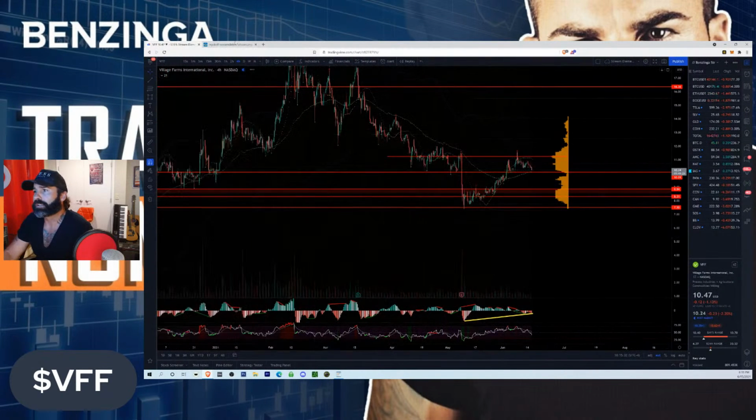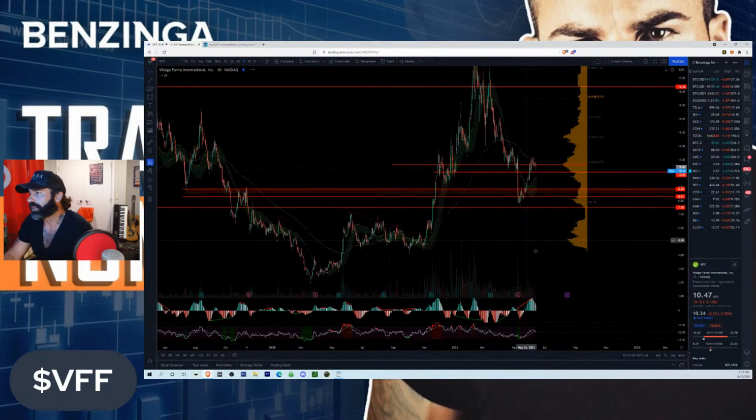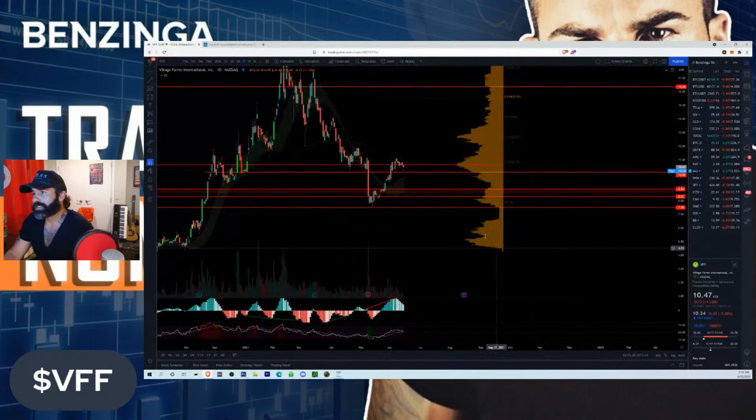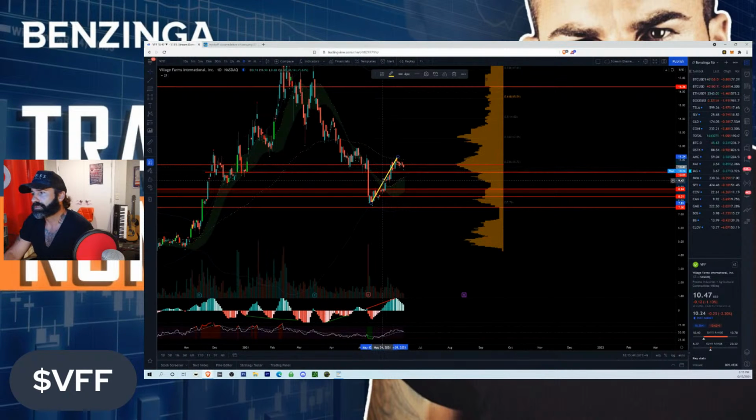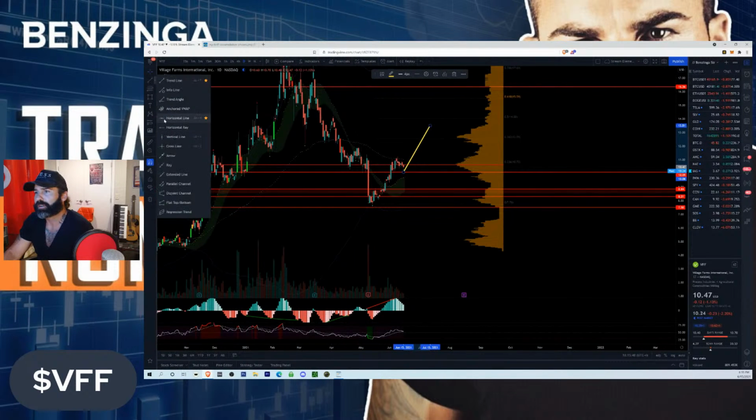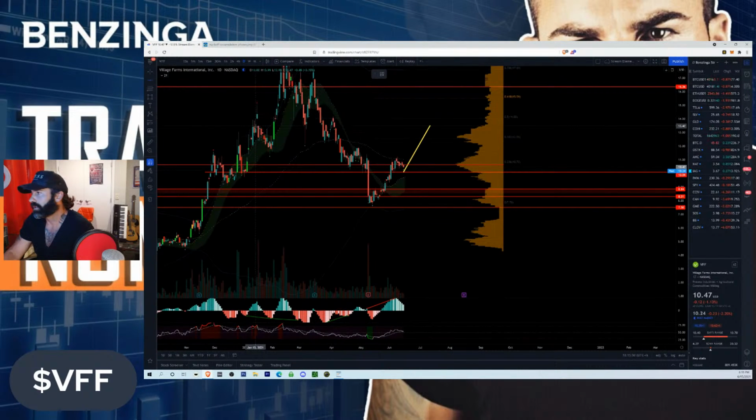But ultimately, if we go back here on the daily chart, I think your target on this asset next, if this develops into a bull flag of sorts, your 100% measured move is probably going to bring you back up into this 1347 zone. And that is a major inflection point.